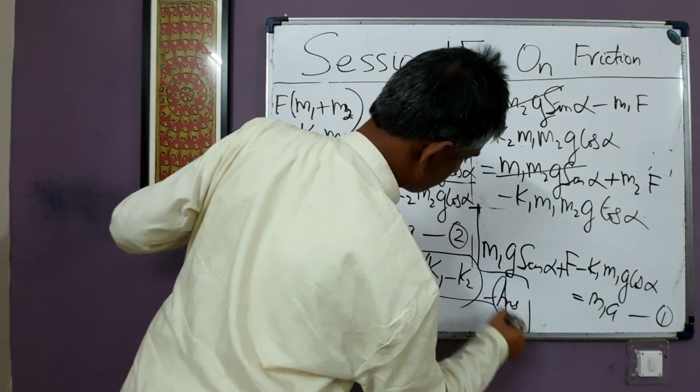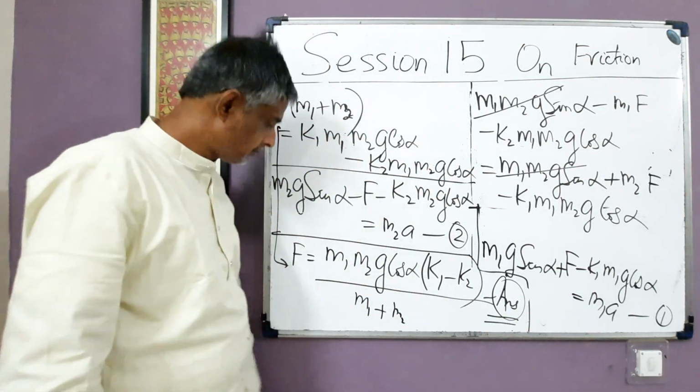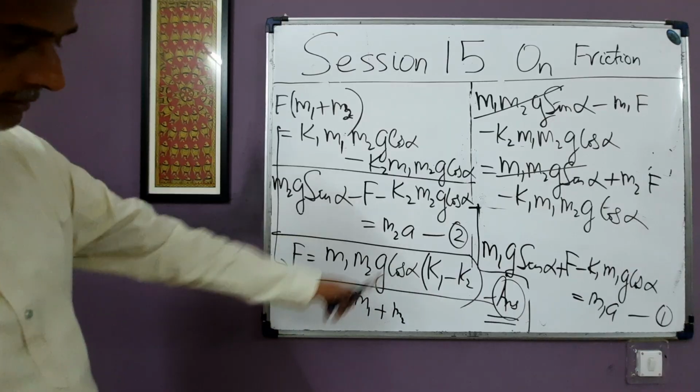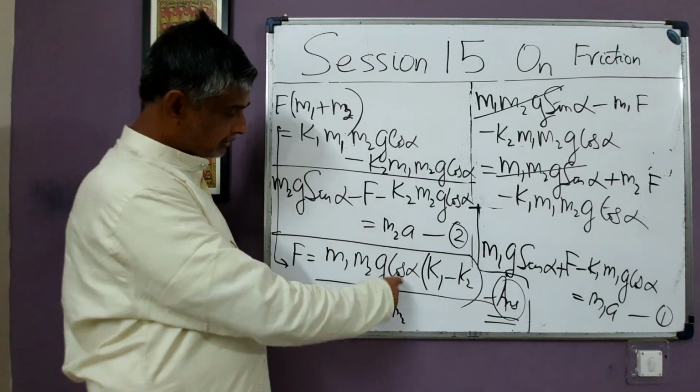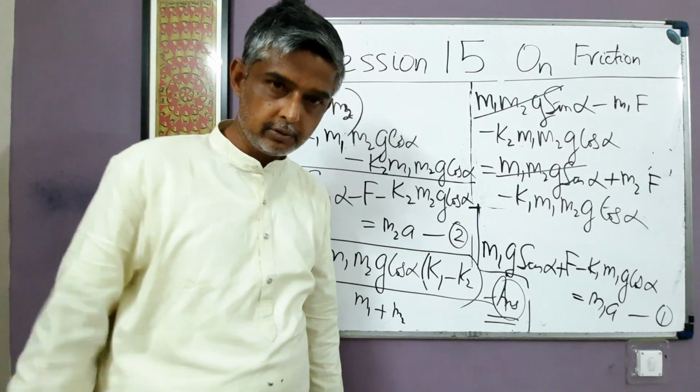This is the answer to the first part of the question. So this is the interaction force between the two blocks: m1 m2 g cos alpha into (k1 minus k2) upon (m1 plus m2). The first part of the question has been fully solved. Is it alright?